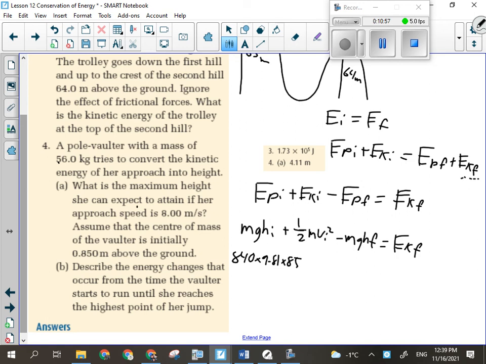So there's my initial potential, plus 1/2 times 840 times 0.2 squared, so it's not very much kinetic energy, it's not moving very fast, minus 840 times 9.81 times 64 meters. That'll give me my final kinetic energy, which should come out to 1.73 times 10 to the 5 joules.